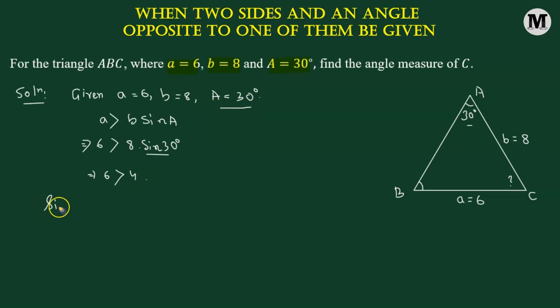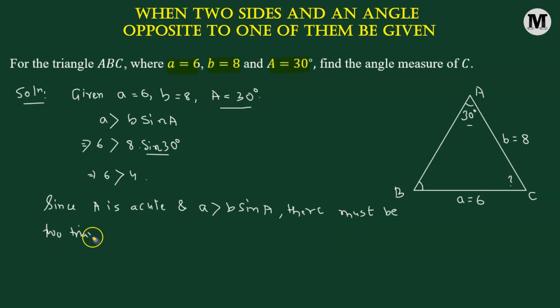Since angle A is 30 degrees, it is acute, and we have the criterion that a is greater than b multiplied by sine A. So there must be 2 triangles that can exist.